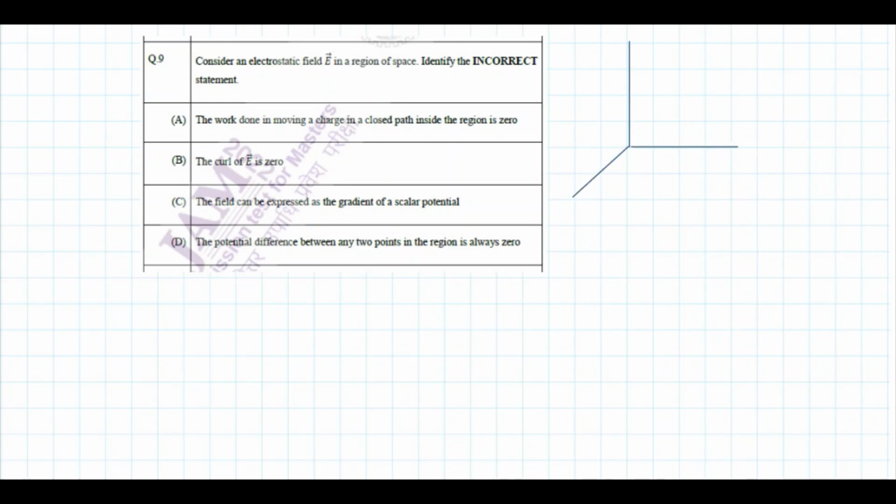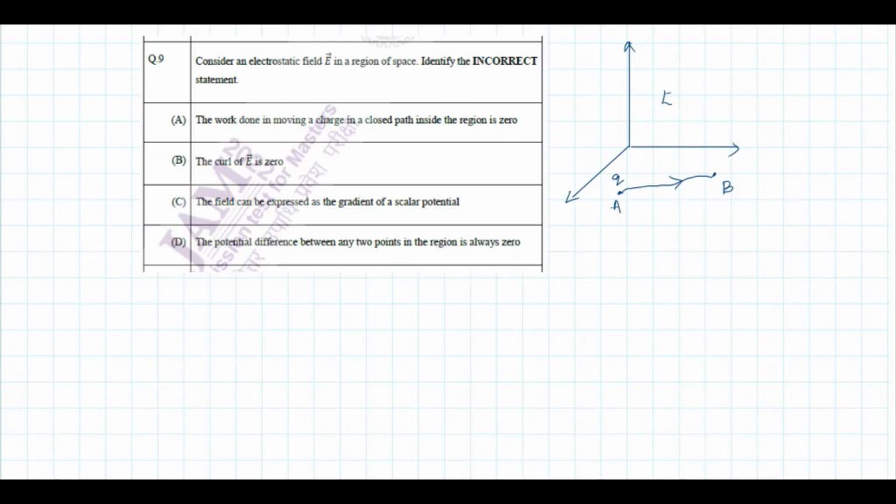if you have 2 points in space, say A and B, and suppose you are taking a charge Q from A to B through this path. There is a uniform electric field in this region.